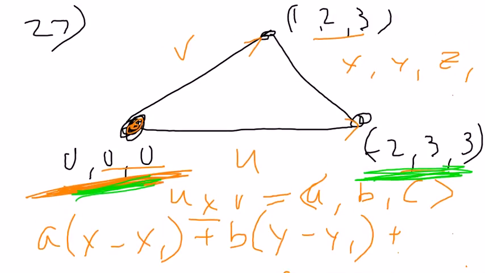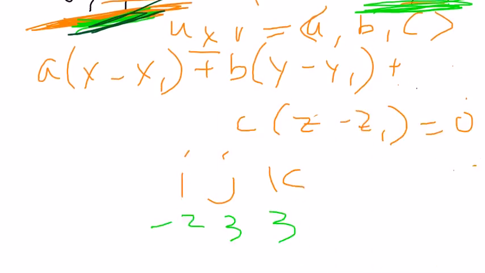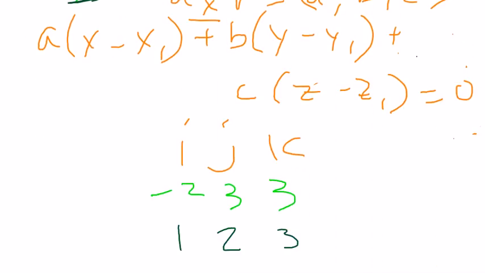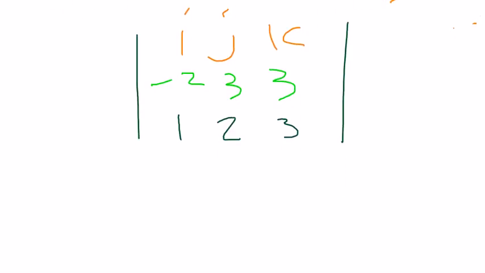And then the other vector would be the vector that goes from 0, 0, 0 to 1, 2, 3. So 1 minus 0, 2 minus 0, 3 minus 0: 1, 2, 3.